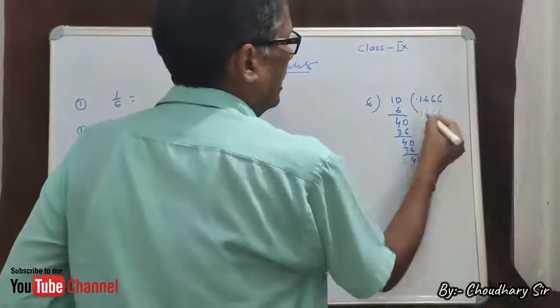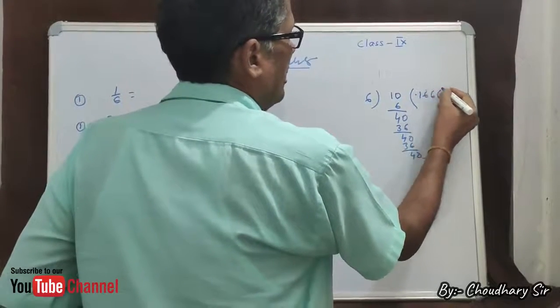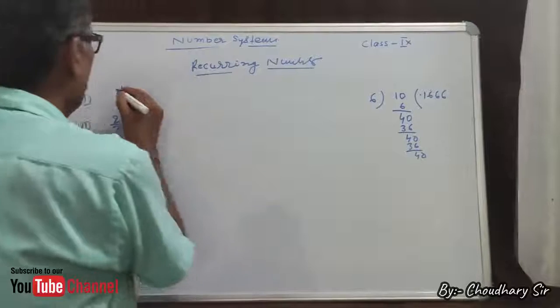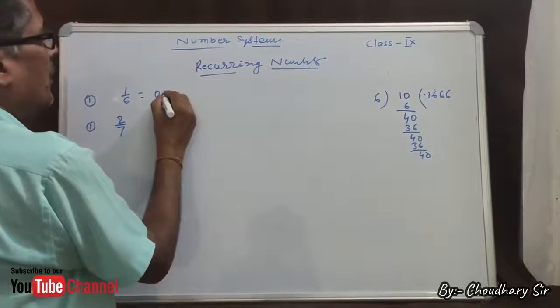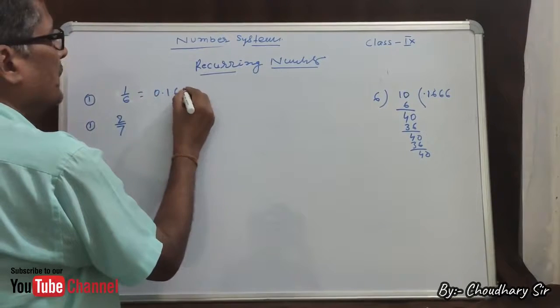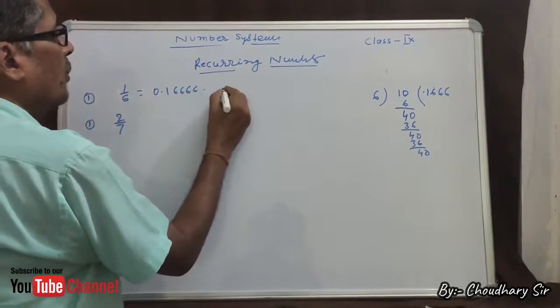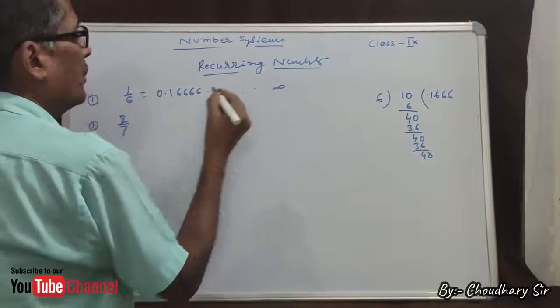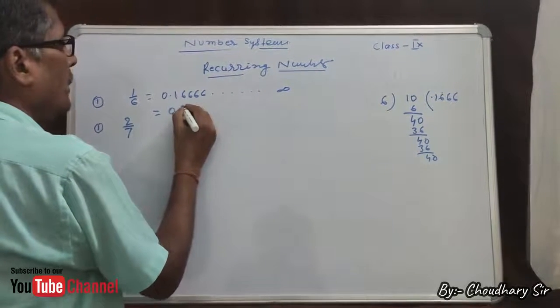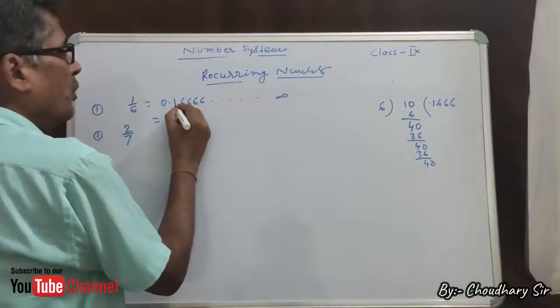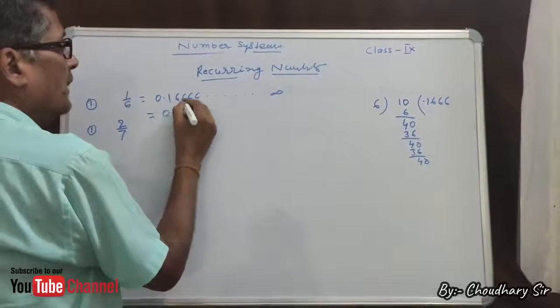So what do we see here? Here 6 is repeated. So 1 by 6 can be written as 0.1666 up to infinity. So this can be written as 0.1 with a bar on the 6. Only 6 is repeated, not 1. After 1, 6 is repeated.